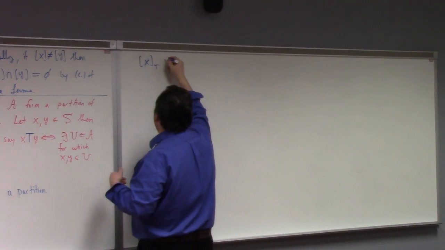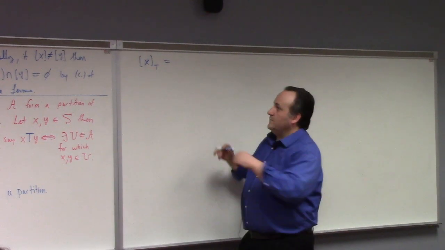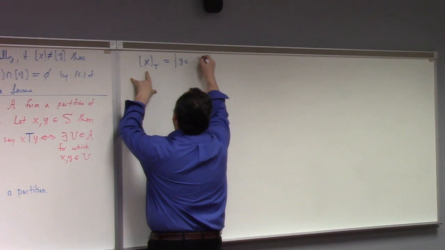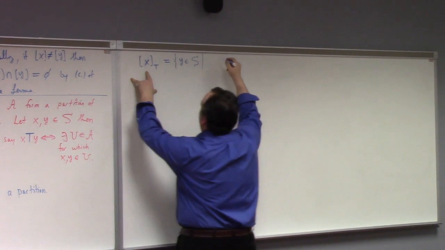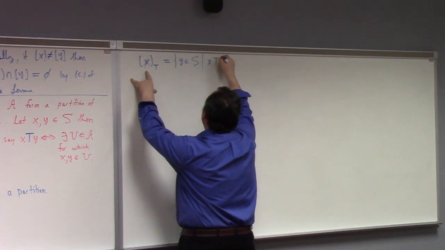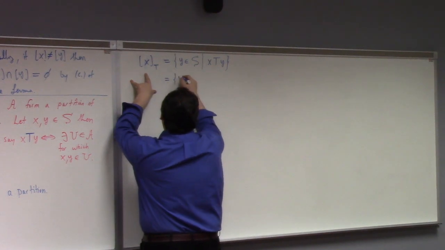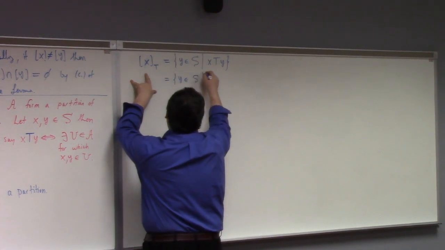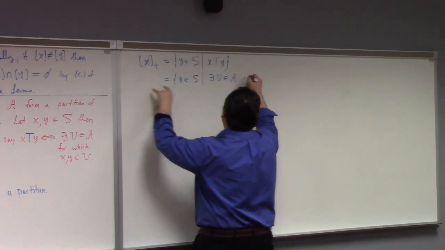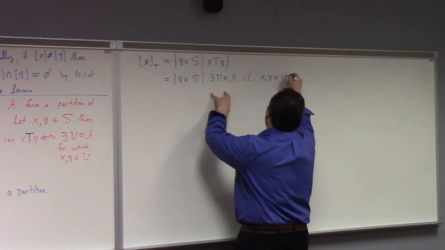Supposing this is an equivalence relation, just for the sake of discussion to get us started, what would this be? This would be y in S such that what? X is t related to y, but what does that mean according to our definition just given? There exists u in the given partition such that x and y are elements of u, right?